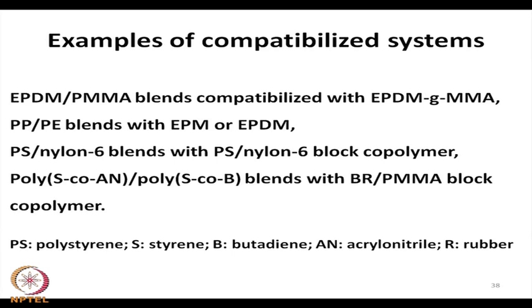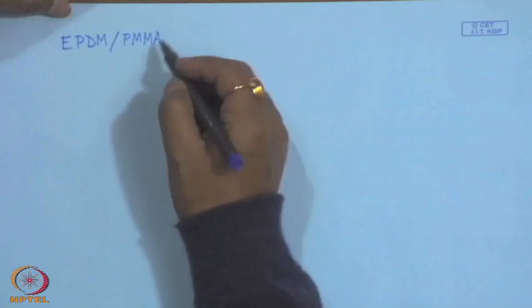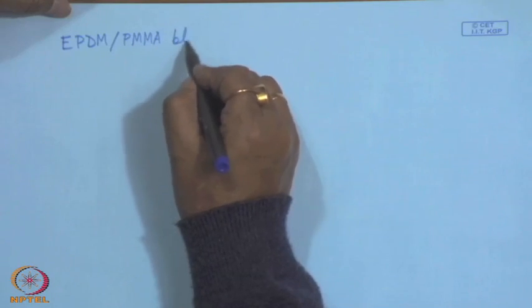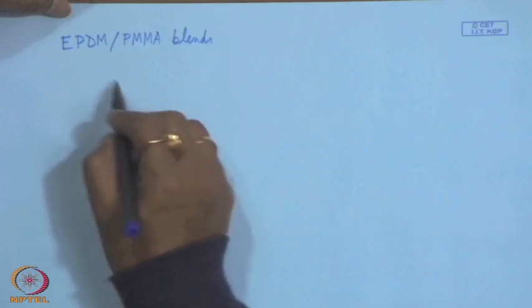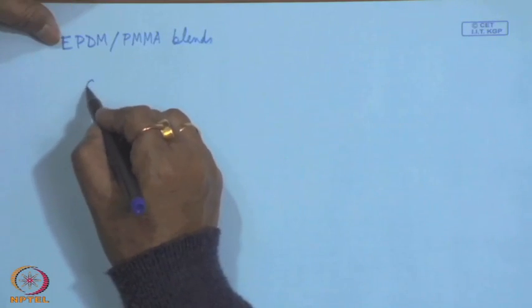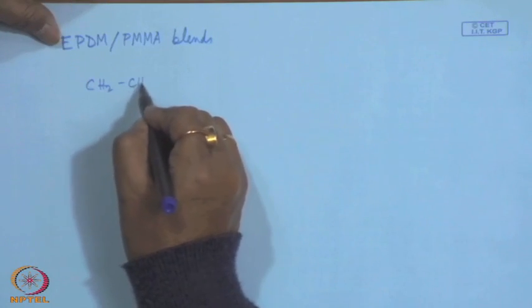Let us take the example of EPDM PMMA blends. Now, this EPDM contains, say, these units like this.